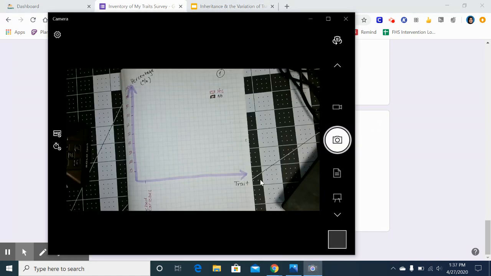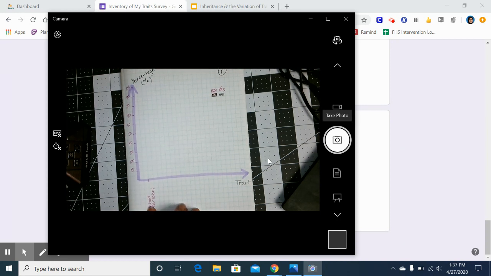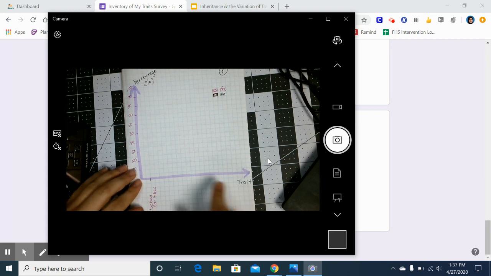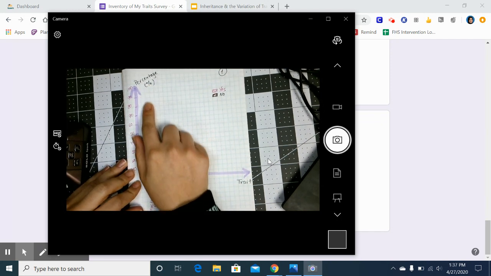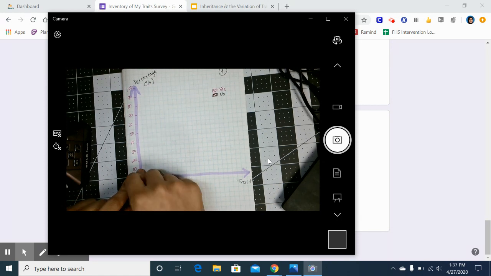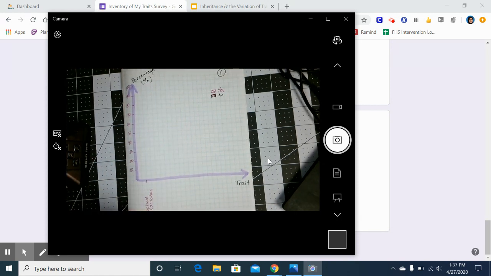And so what I did, I set up my graph sheet. And we've done this in class before. I put my traits on the x-axis and my percentage on the y-axis. And you can see how I've separated my grid into 10, 20, 30. You can separate them by 10s or 20s or any way that works for you.